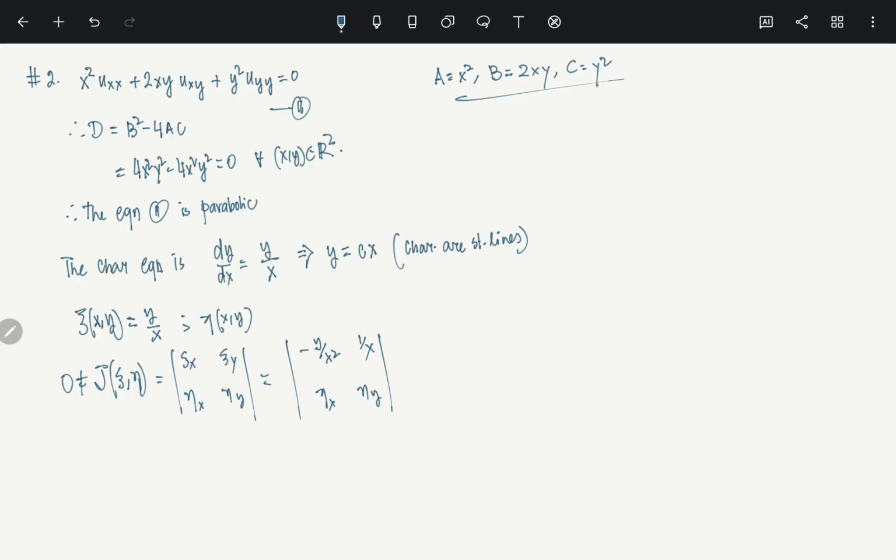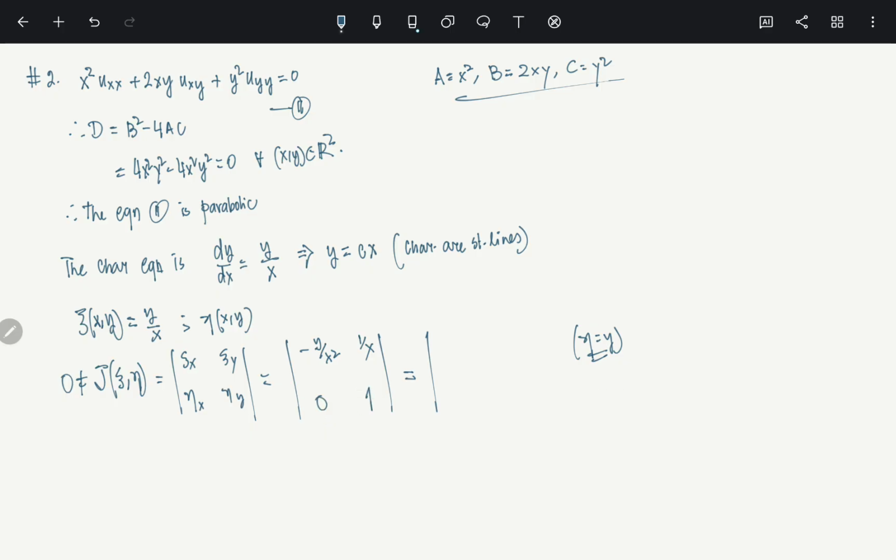If I choose eta to be y, this is our choice. You can choose something else also, absolutely no issues, as long as this is non-zero. But we choose the easiest one because we want our life to be easy. Calculations become much easier. So if we choose eta to be y, what is eta x in this case? It is 0 and eta y is 1.